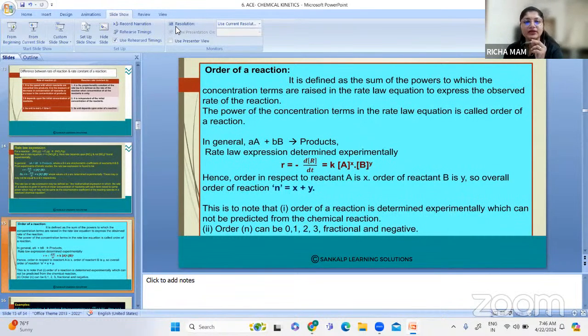Whenever any chemical reaction is occurring, we cannot predict the order, but it can be determined experimentally. The order of reaction can be 0, 1, 2, 3, or it can be a fractional number and also a negative number. So this is about order of reaction.